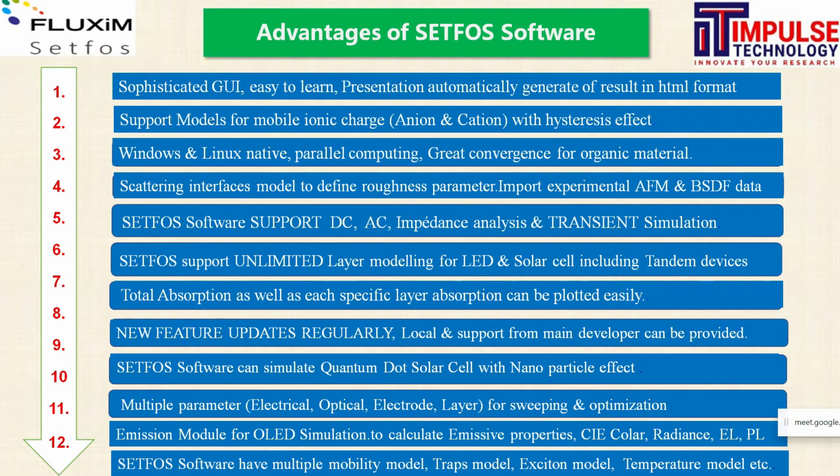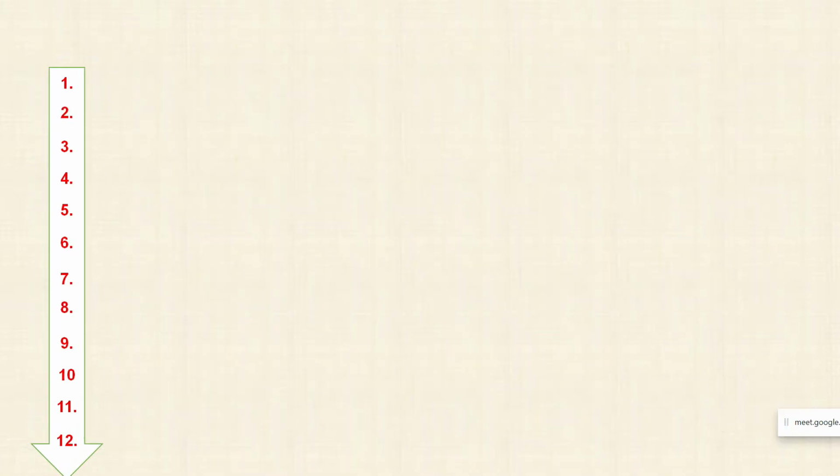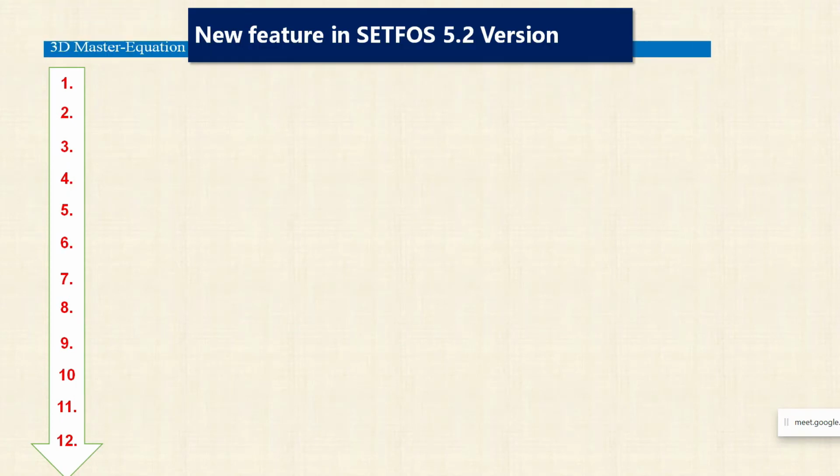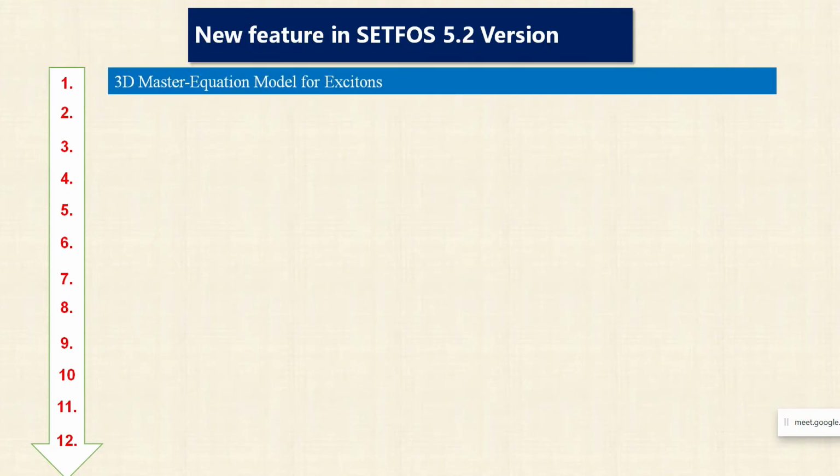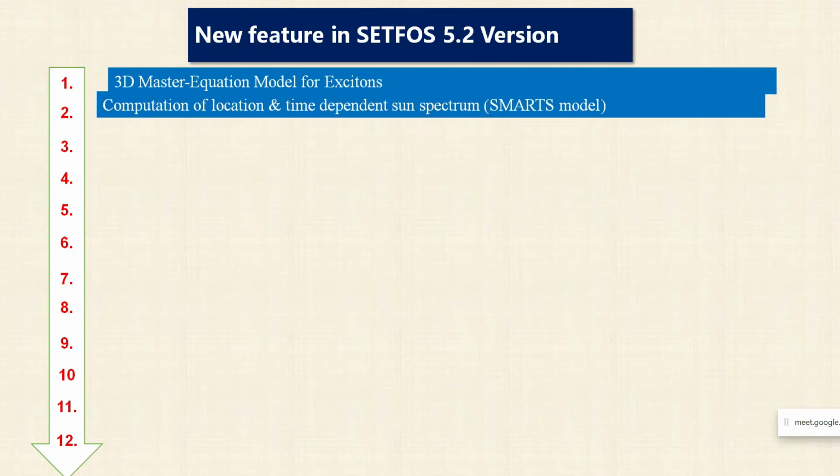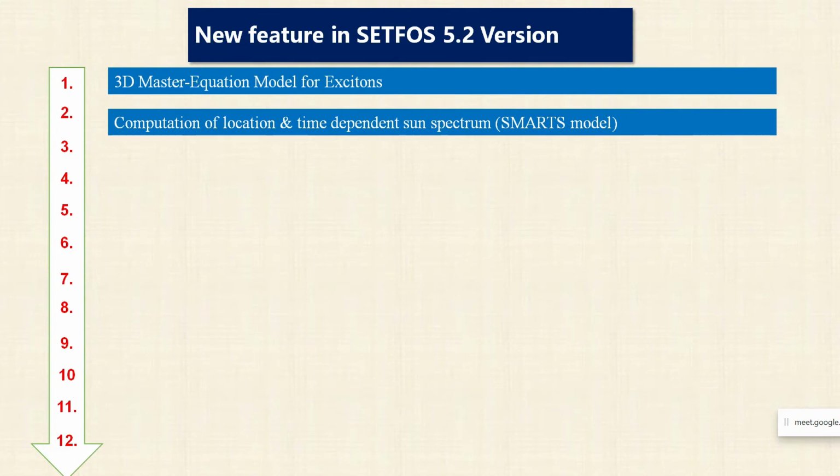Once you see the manual and tutorial, you will understand how the software can save your time as well as money. In July 2021, a new feature was launched with 3D master equations and 3D models, and computation of location- and time-dependent sun spectrum, which we can call a smart model.